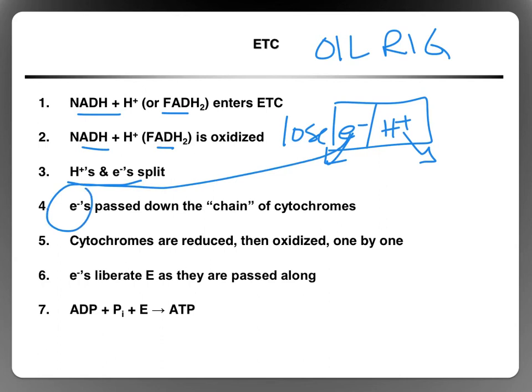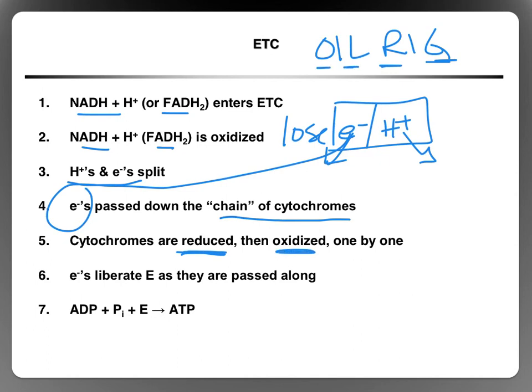The electrons get passed down a chain of cytochromes, and as they're passed down the chain, the cytochromes are reduced, because the cytochromes are accepting and gaining the electrons. Gaining is reduction. So as the cytochromes pick up the electrons, they become reduced, and as they pass them on to the next cytochrome, they become oxidized.